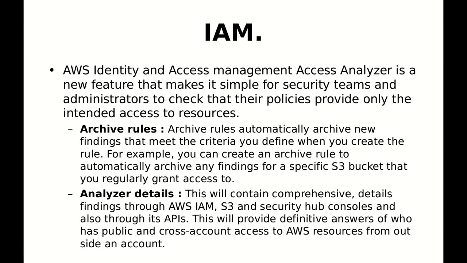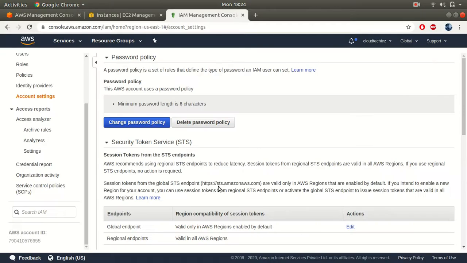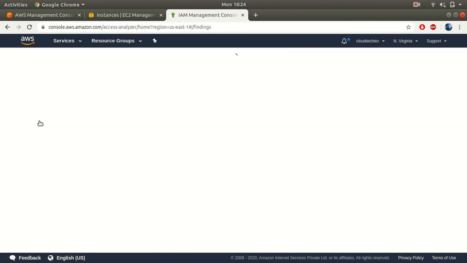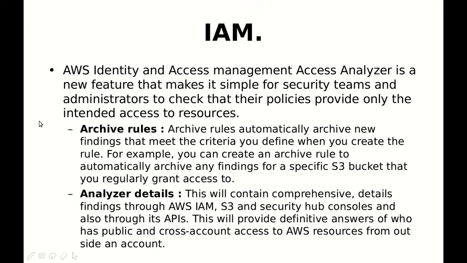In this session, we are going to look at your access analyzer. Now, this is the last section that we have in your IAM, and that will complete your IAM. Now, what is your access analyzer?